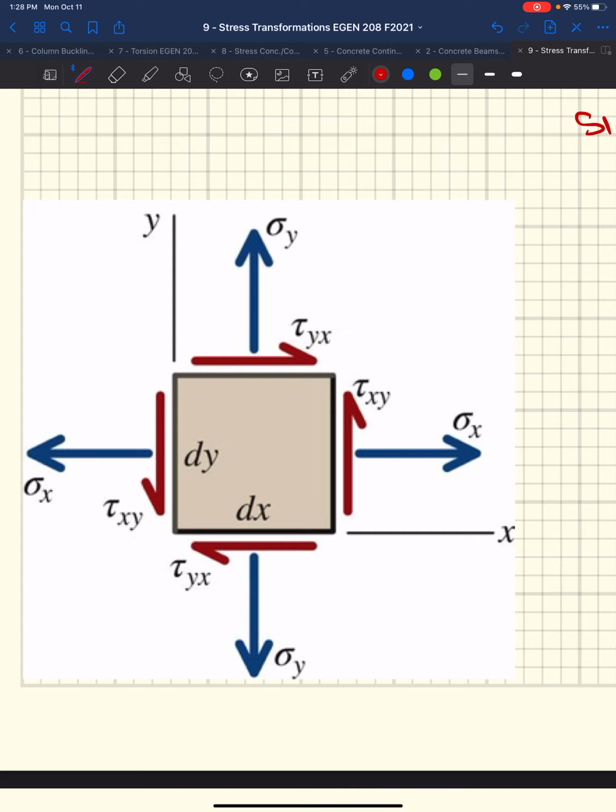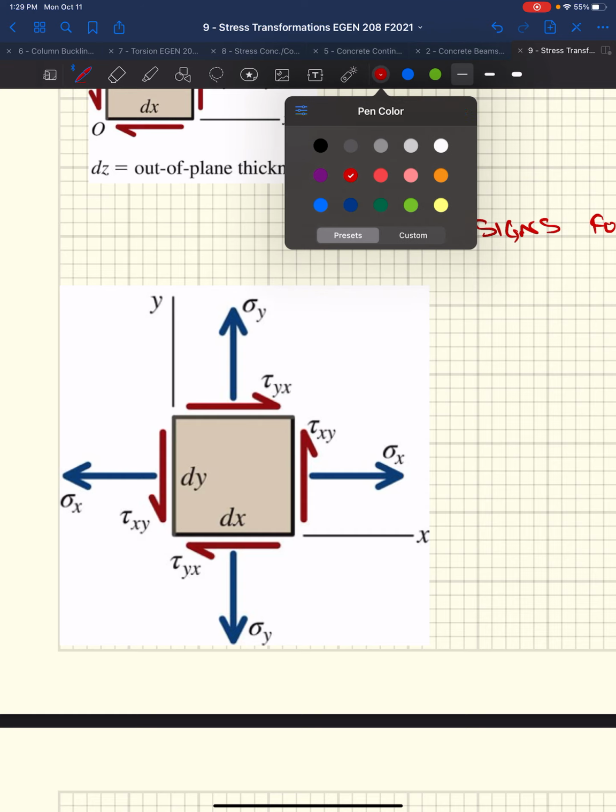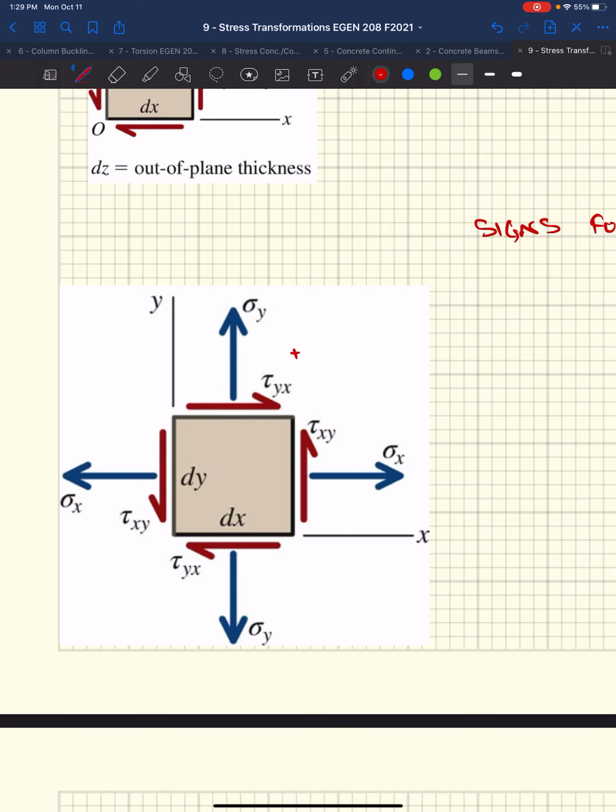So a positive face that has positive stress, acting in the positive direction, is positive. So we've got a positive face. It's on the positive y face.